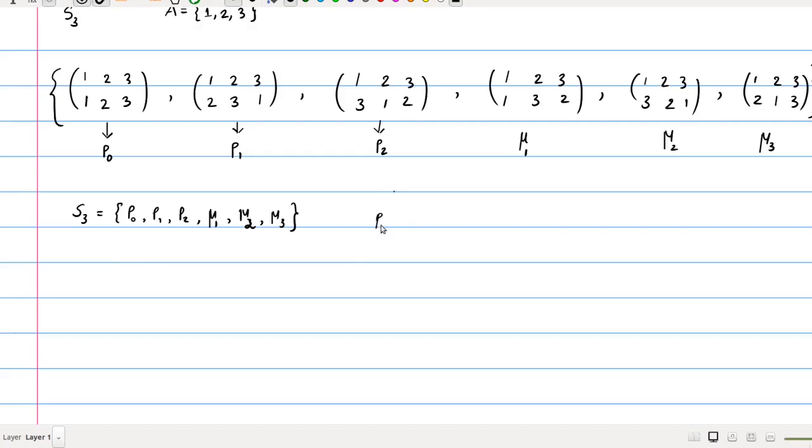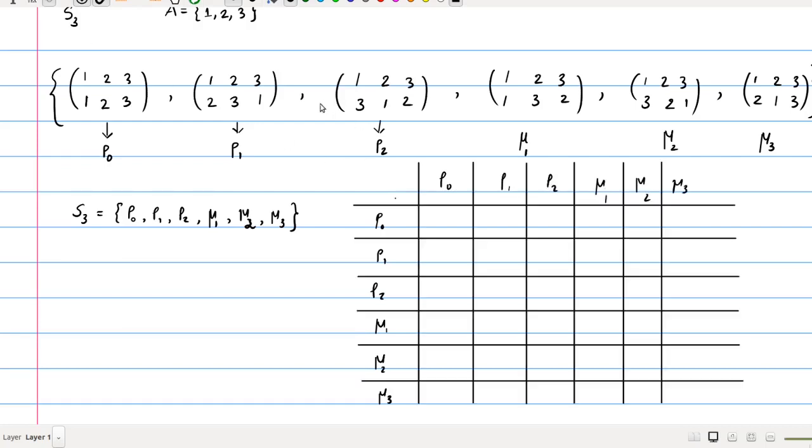This is rho naught, rho 1, rho 2, mu1, mu2, mu3. Here we have rho naught, rho 1, rho 2, mu1, mu2, mu3. Then the operation is the composition.